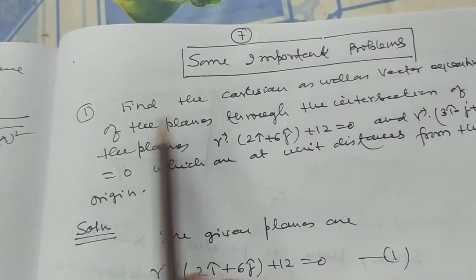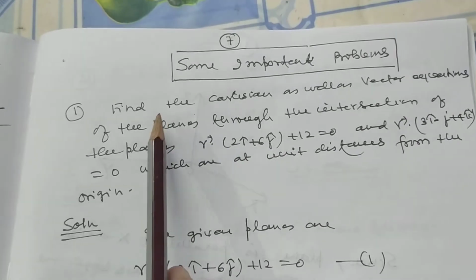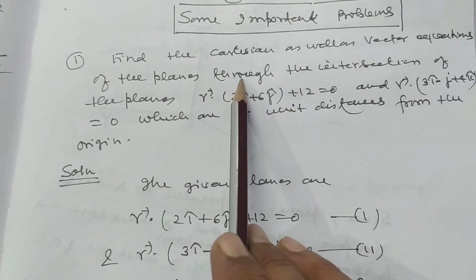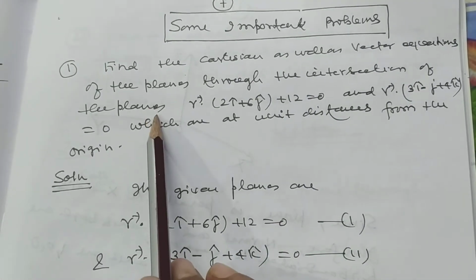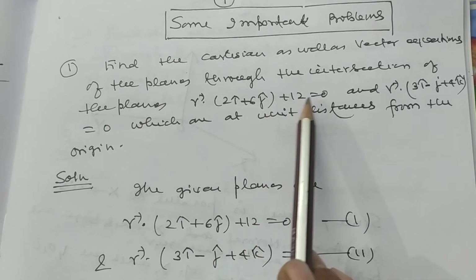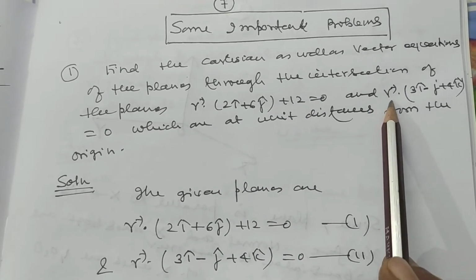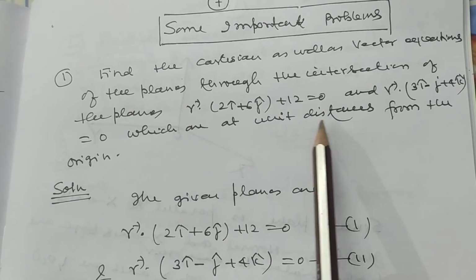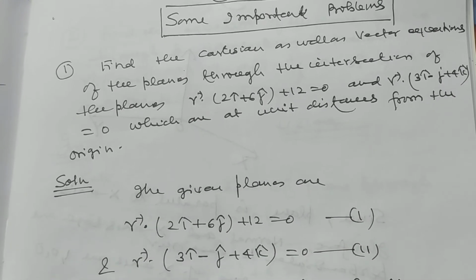Now, I want to discuss some important problems. Find the Cartesian as well as vector equation of the planes through the intersection of the planes r · (2i + 6j + 12) = 0 and r · (3i − j + 4k) = 0, which are at a unit distance from the origin.